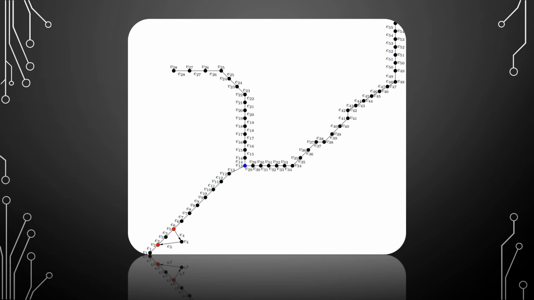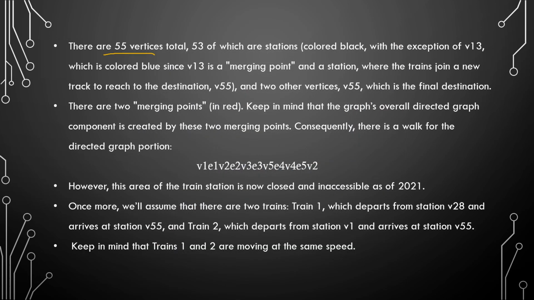This figure shows one route starting at V1 and ending at V55, and another. There are 55 vertices, of which 53 are stations colored black, with the exception of V30, which is colored blue.